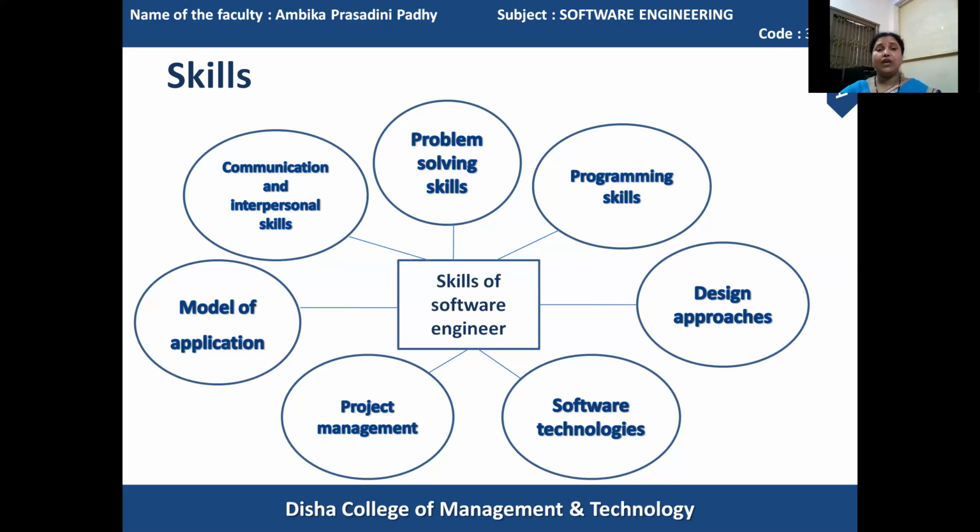There is also a main point: how to handle the customer very well, how to motivate the customer in respective fields, how to add extra features inside the system so that it can be well implemented by the customer. This is because of his interpersonal skills.